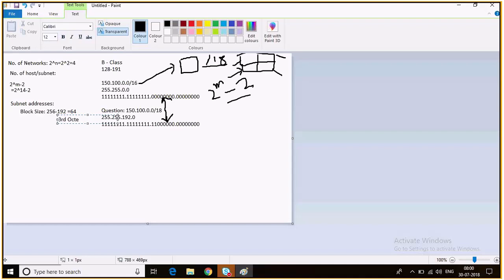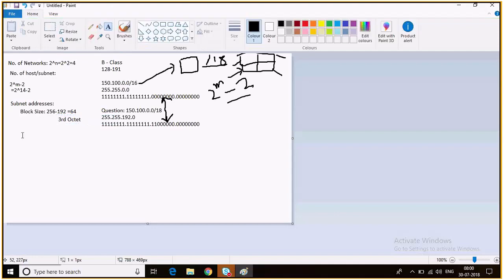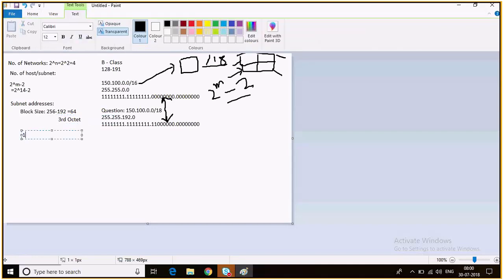This is important, which is why I keep writing this, because when I calculate the subnet addresses, I'll write the base address, and I have to add the block size of 64. What is the block size? It is 64. But I'll not add 64 to the fourth octet.